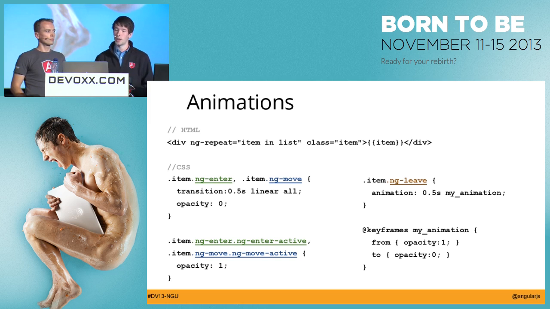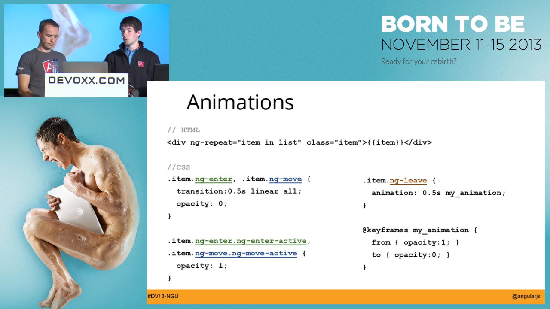So ng-enter is the class that Angular puts on a node in ngRepeat as a new item is added. If you push an item to this list, Angular is going to create a new DOM node, and that DOM node is going to have the ng-enter class on it.